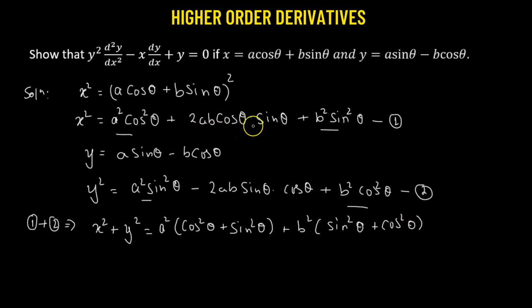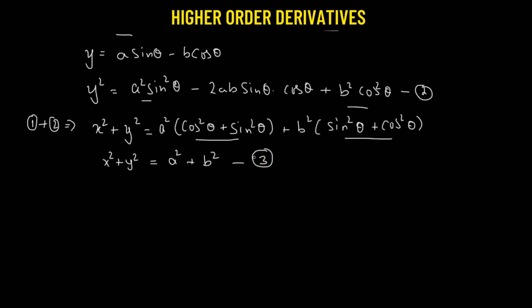Here 2ab cosine theta sine theta and negative 2ab sine theta cosine theta get cancelled out, and we know cosine squared theta plus sine squared theta is an identity with a value of 1. So we have x squared plus y squared equals a squared plus b squared. Let's label this as equation number 3. This is the simplified form.